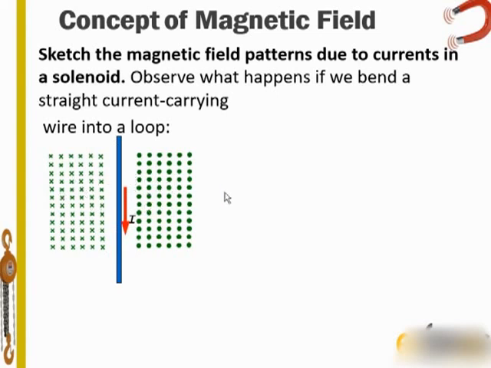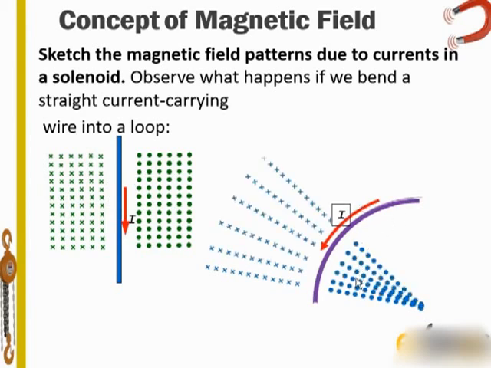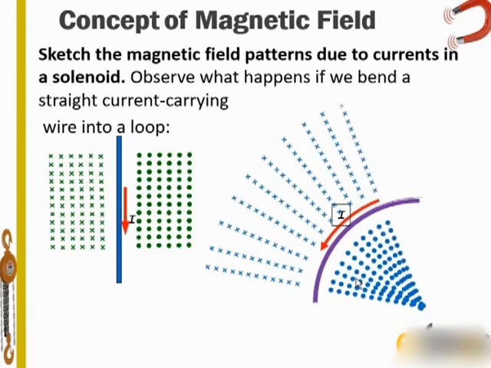If you then bend that wire in such a way as to make a loop, then you will still get a magnetic field pattern, but it is going to be different. If you look at the diagrams below, you can see what we mean. On the left-hand side, you have the characteristic magnetic field pattern of a current carrying wire.